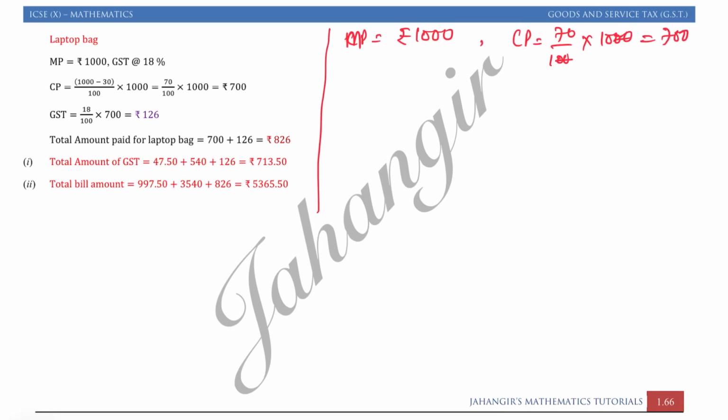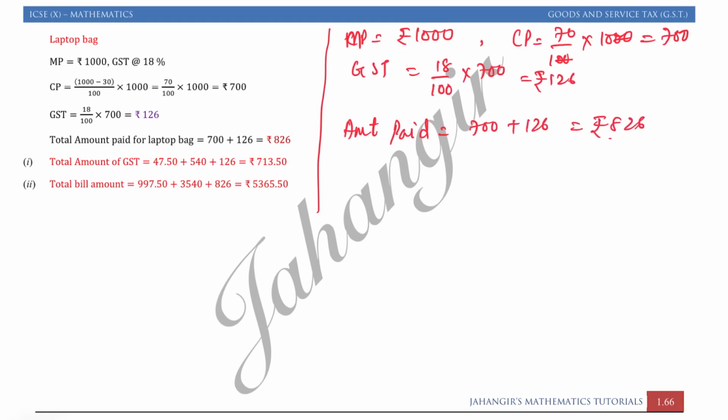Now we are paying GST of 18% on it. So 18 upon 100 into 700 is equal to 126 rupees. So the amount paid is 700 plus 126, which is equal to rupees 826.